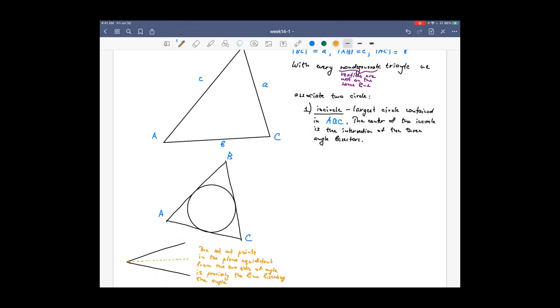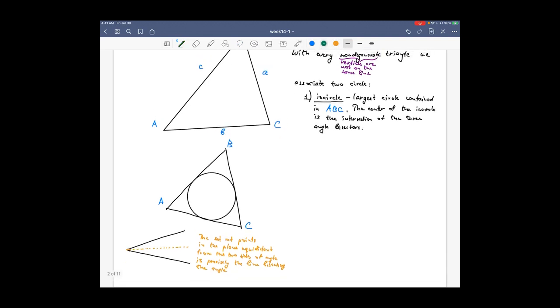And it's easy to explain why. If we take any point from this bisecting line, let's call it O, and project this point O on the sides of the angle, obtaining points Y and Z, then it's easy to see that the triangle XOY equals the triangle XOZ.